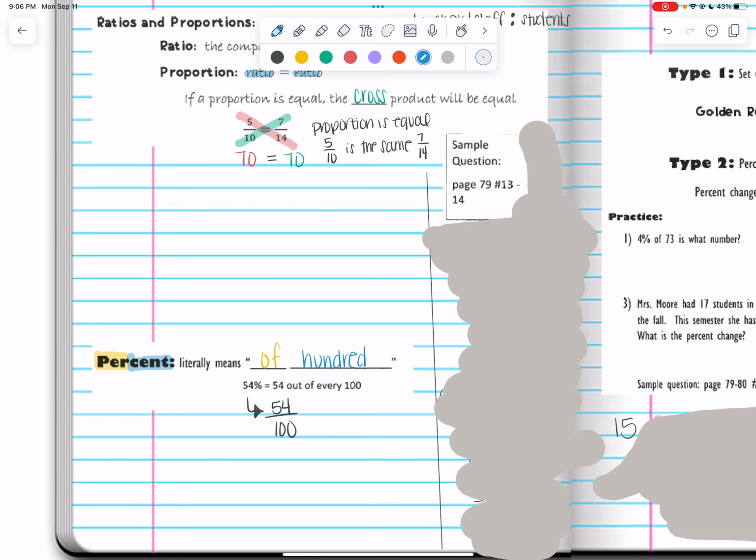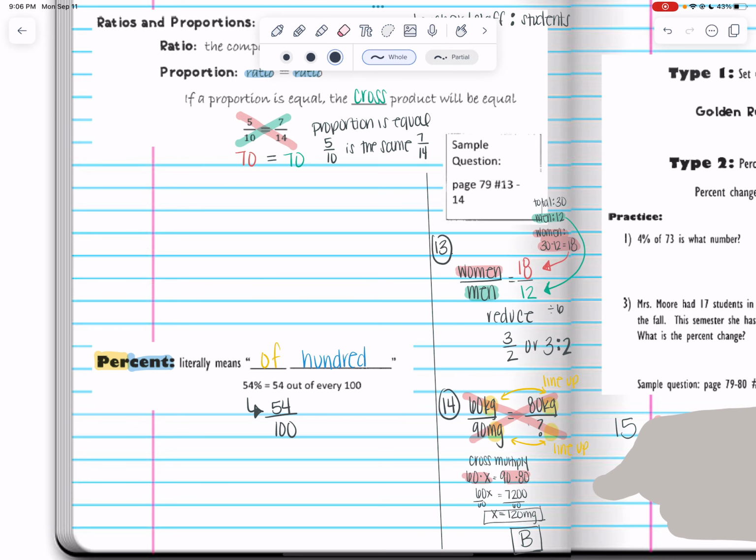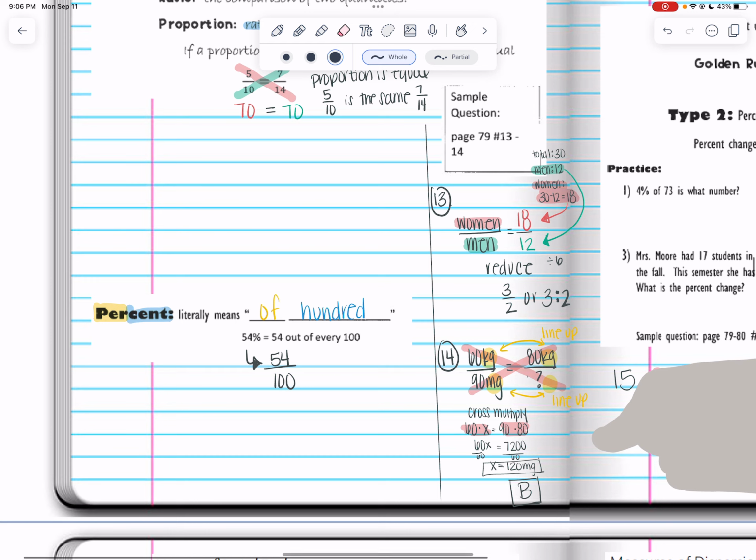All right, so hopefully you have completed the problems, and here you can check them. So for number 13, we got that there were 18 women to 12 men. Order is very important with ratios. It said find the ratio of women to men.